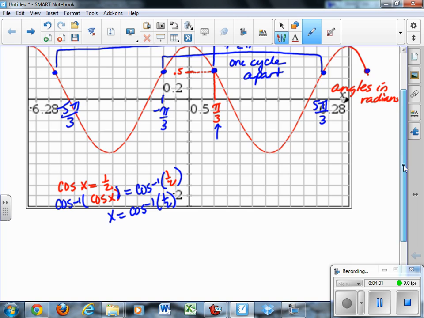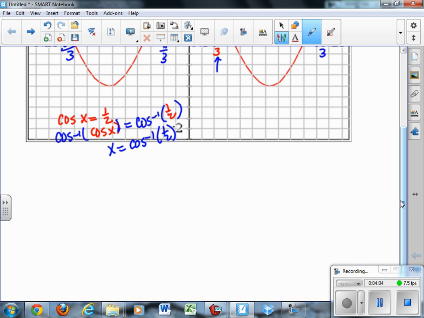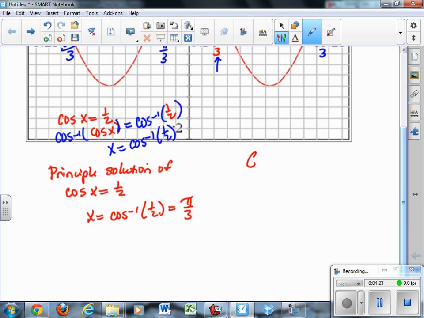So we say that the general solution, but let's go back to the principal solution first of all. The principal solution of cosine x is equal to 1/2 is x is equal to the inverse cosine of 1/2, which is pi over 3. However, the general solution of cosine x is equal to 1/2 are all the angles that have a cosine value of 1/2.